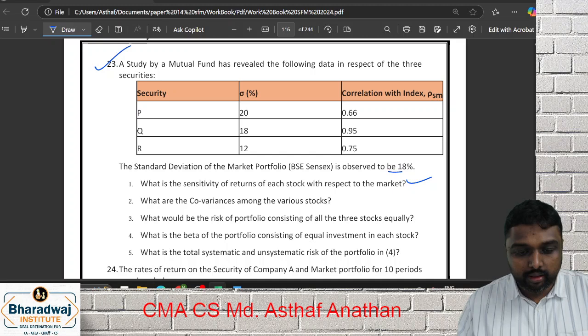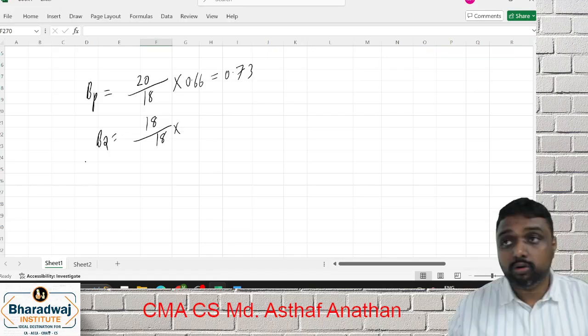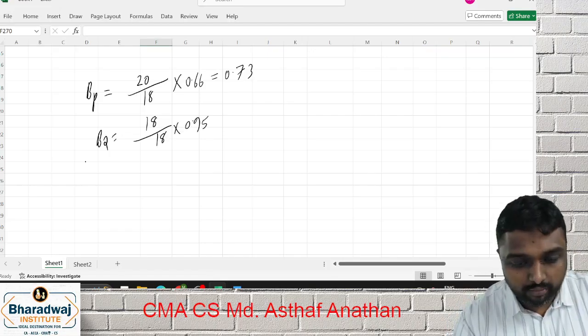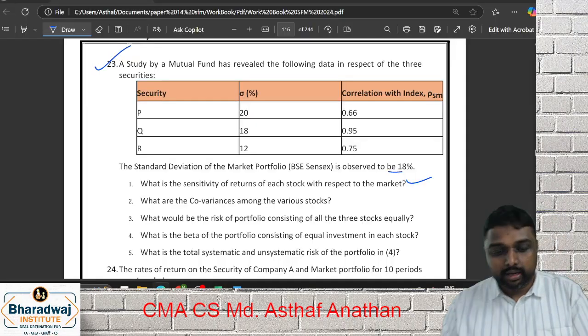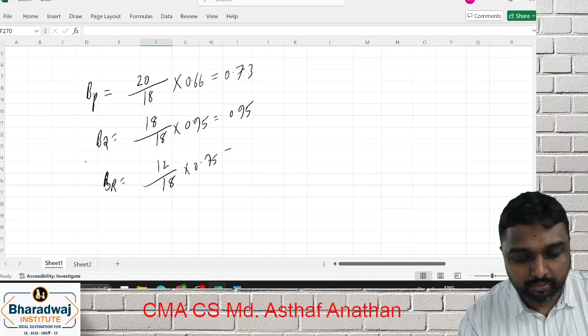Next, beta of Q: 18 by 18 into correlation, which is 0.95. We'll get an answer of 0.95. Are you able to understand? Next, beta of R: 12 by 18 by 0.75.